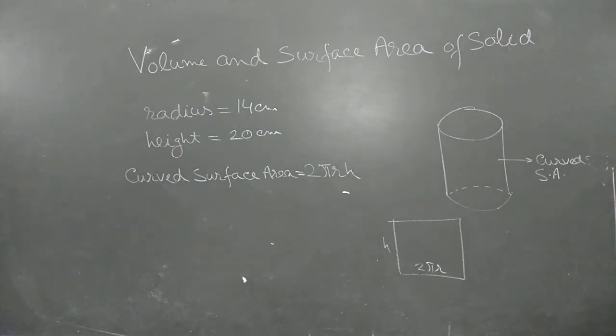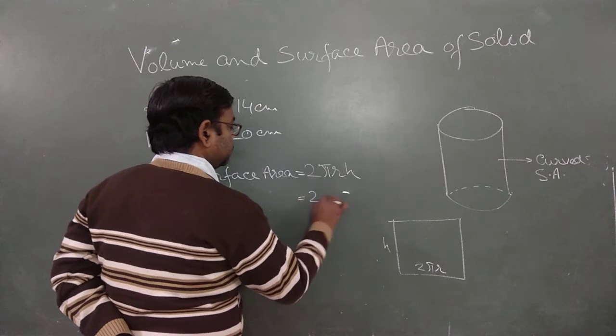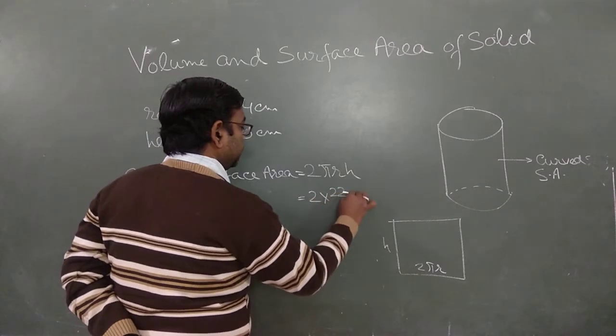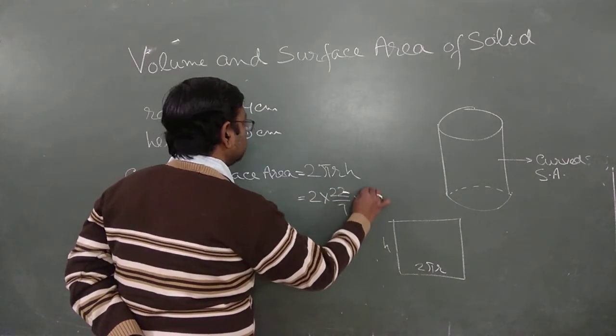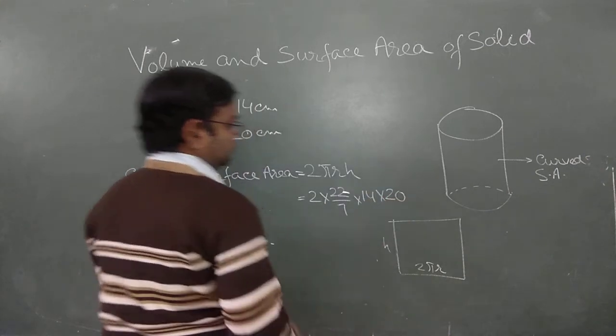Now by using the given data you can easily find it: 2 into 22 upon 7 into 14 into 20.